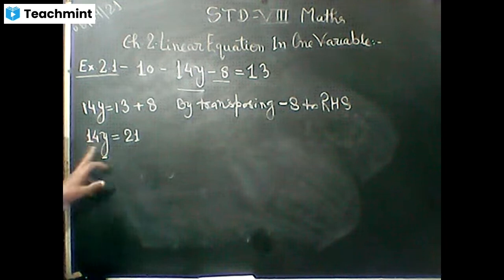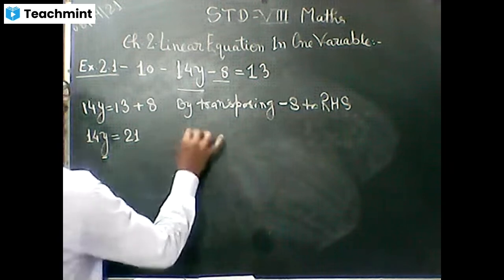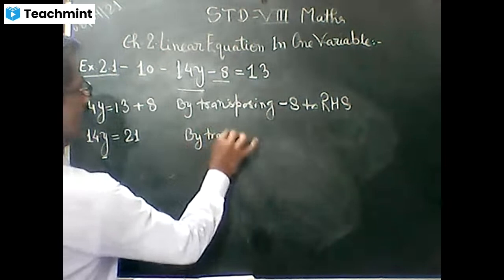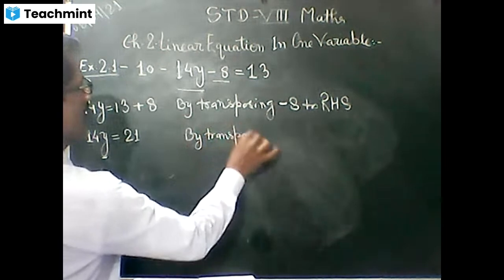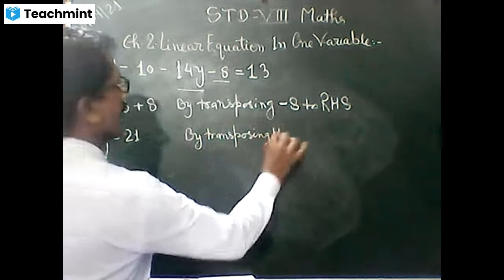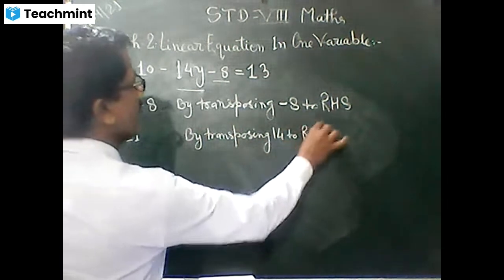So next we also have to transpose, or separate, the factor, by transposing 14 to the right hand side.